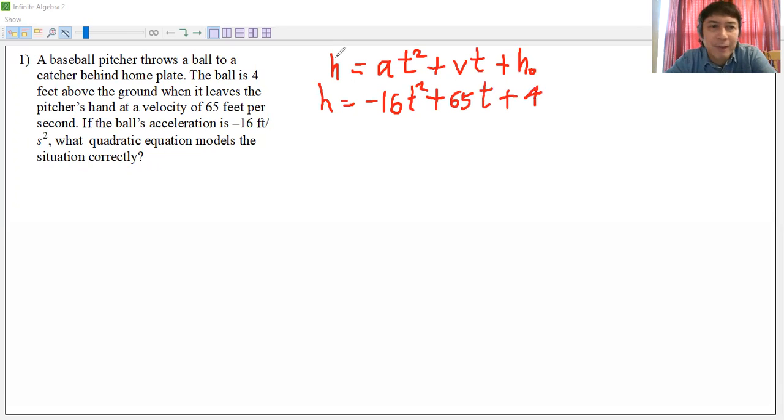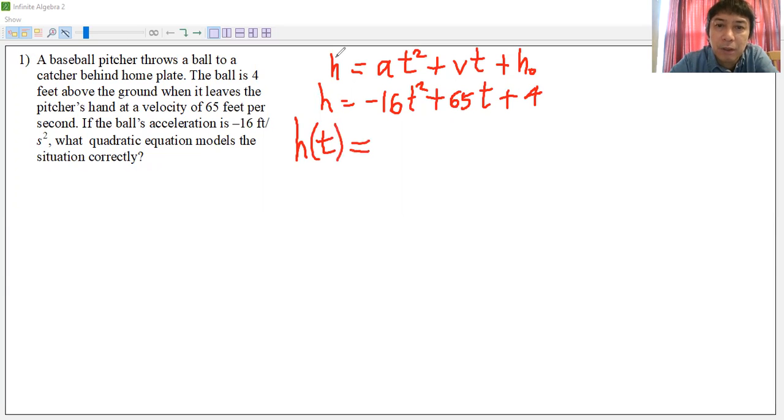So the question is, what quadratic equation models the situation correctly? Okay, so this is our working equation. H is a function of time. So you may write this h of t, like that.